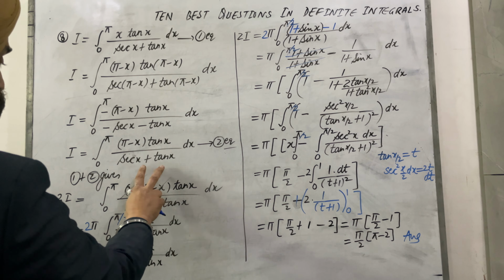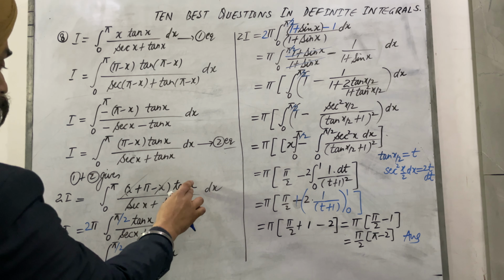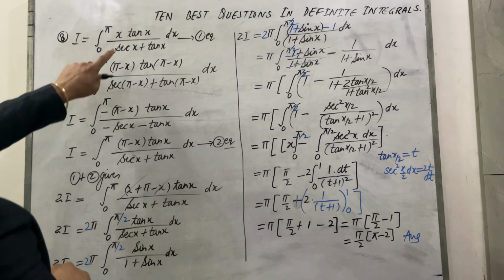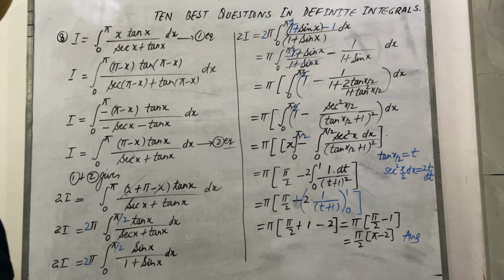We have x tan x and pi minus x tan x. From there I've taken tan x common, so it is x plus pi minus x, which is visible here. x and minus x get cancelled. This tan x in product remains outside. This constant pi, I can bring it out here. So we are left with tan x in the numerator and sec x plus tan x in the denominator.